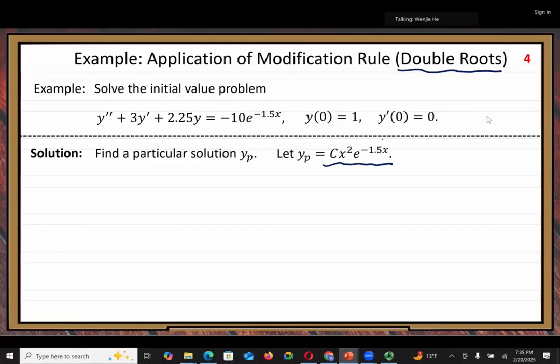My explanation the last time, I said the general case we should consider, because y double prime, the general case, we should use a plus bx plus cx squared times e to the negative 1.5x.